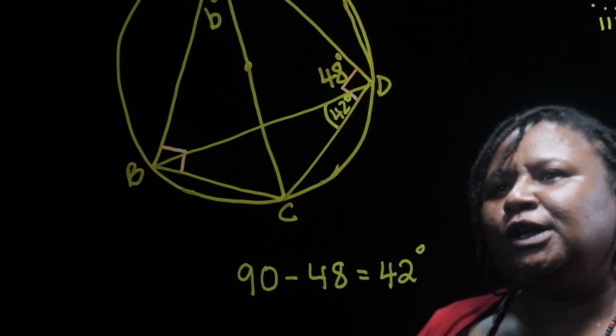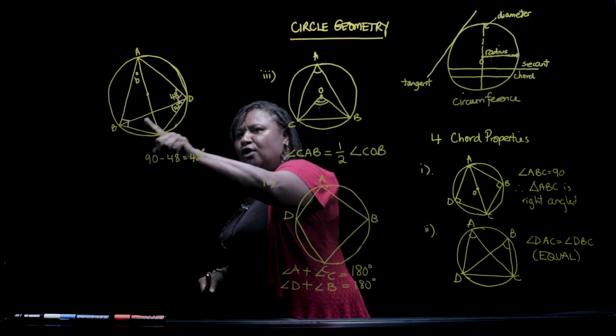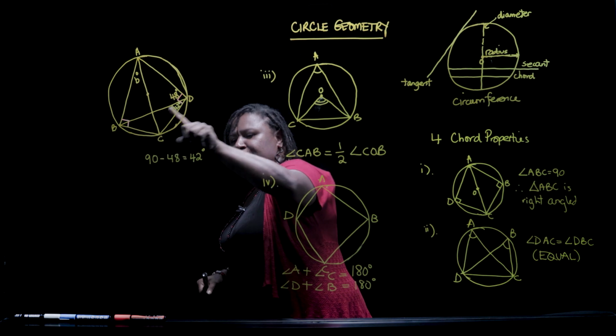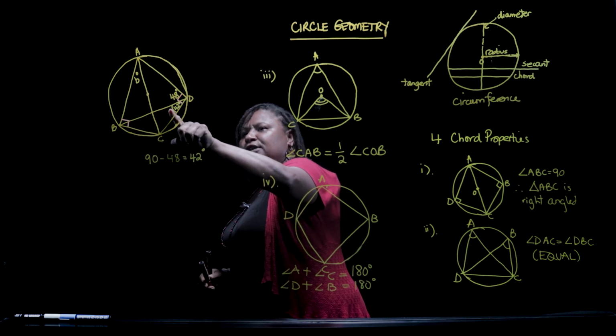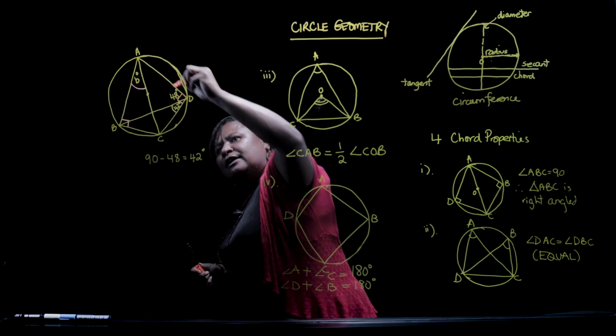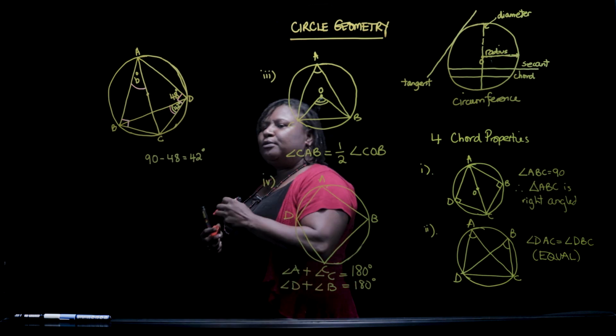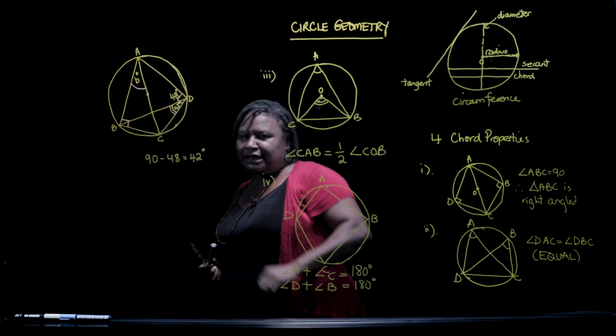So what is important? You can tell that they are sitting on that chord BD, which means that angle 42 and angle B here are both equal. Now, just imagine if the line AD was not there.